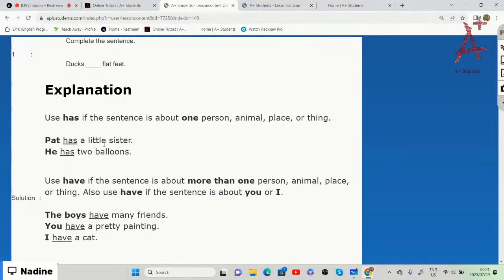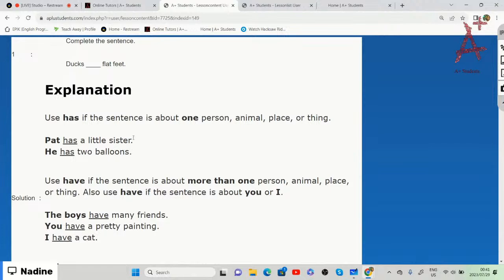Here's an explanation. It says we need to use has if something is about one person, animal, place, or thing. And here we have a few examples. Pet has a little sister, right? So has, a little sister.